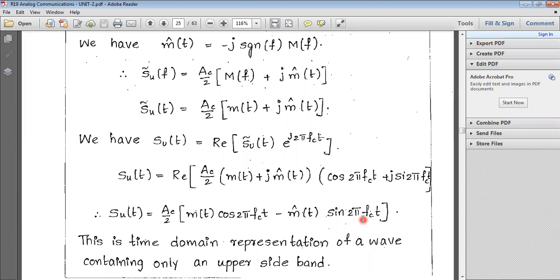So this is the time domain representation for SSB. For which band did we calculate? Already at the starting I told you it is the upper side band. So the time domain description for the SSB wave in case of upper side band is this, the final expression.